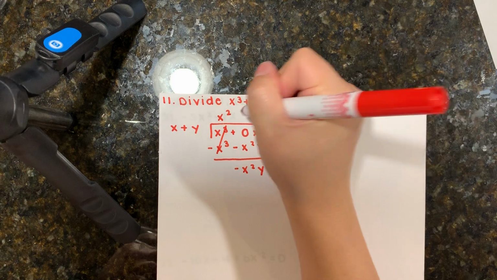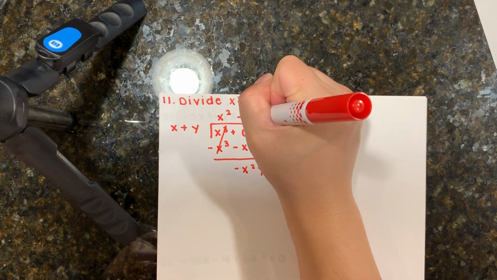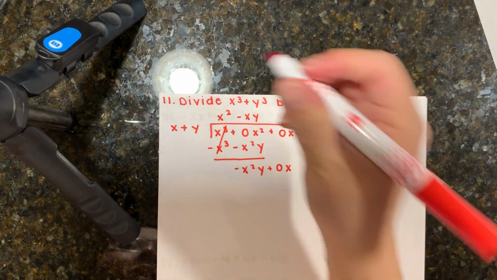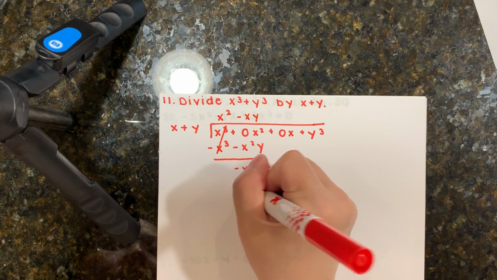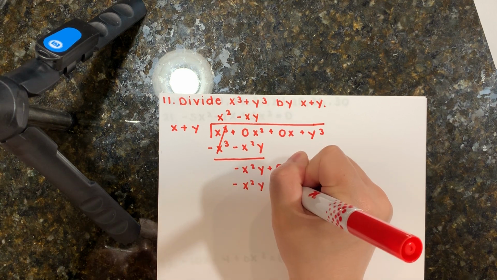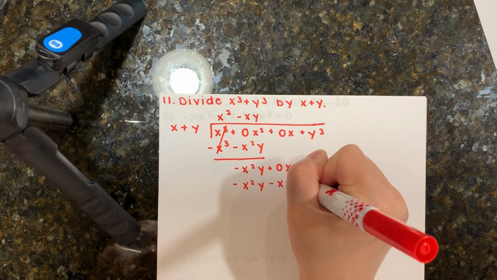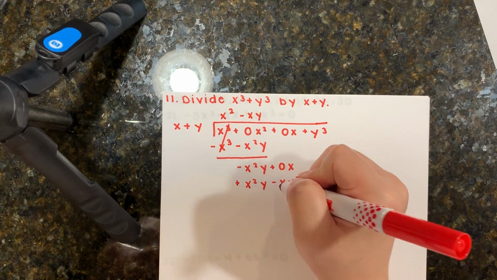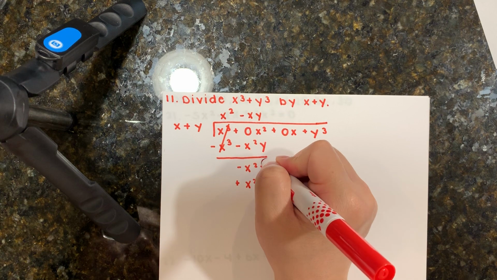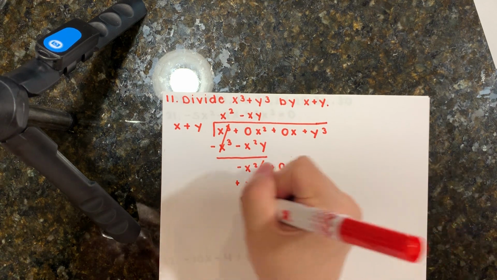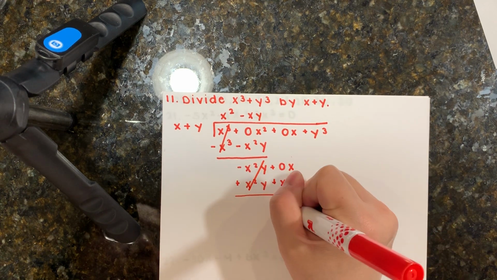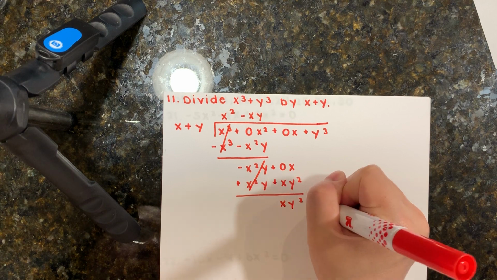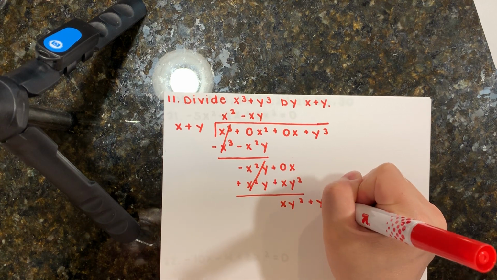Divide this term by x again, which would give me negative xy. When you multiply it, it's going to be negative x squared y and then negative xy squared. But again, you're going to be subtracting, so this is going to become positive and this is going to become positive, and they cancel. Then you're left with xy squared and then plus y cubed.